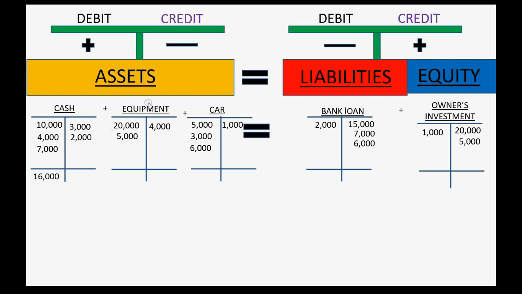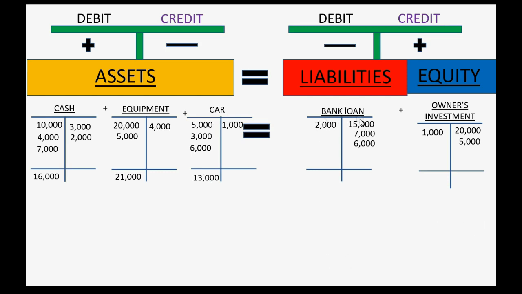If you take the equipment account and put positive and negative numbers together, you will see that they are left over with positive $21,000. And since equipment is an asset, a positive balance goes on the debit side. Same thing with car. If you put everything together, you'll see that during this exercise, car had $13,000 more debits than it did credits. So it finishes with a $13,000 balance.